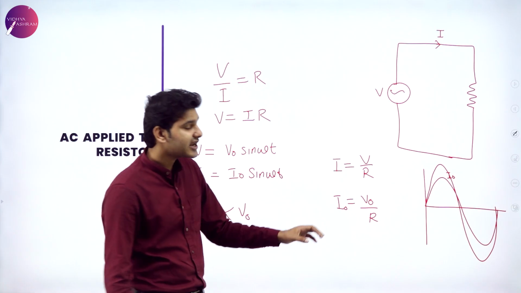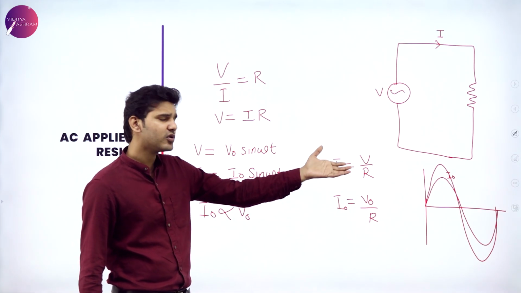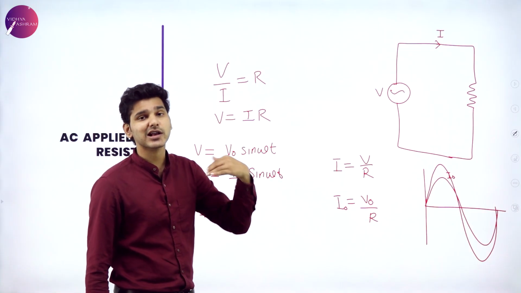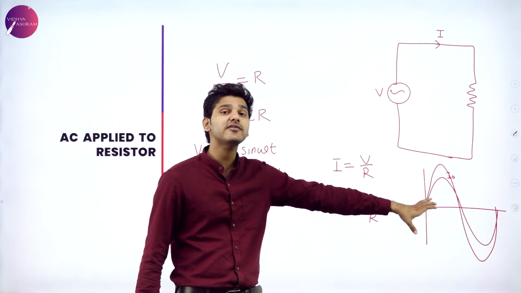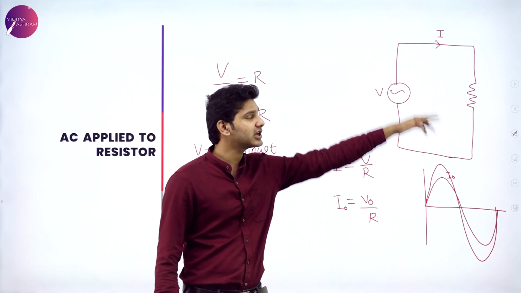That is, current and voltage are in phase. The value of voltage may be slightly more, but they are in phase with each other. They are both moving together in this particular circuit.